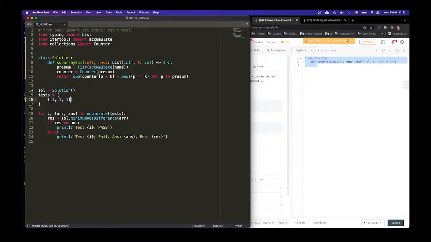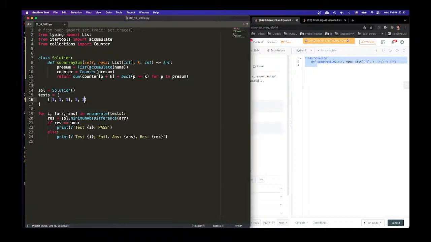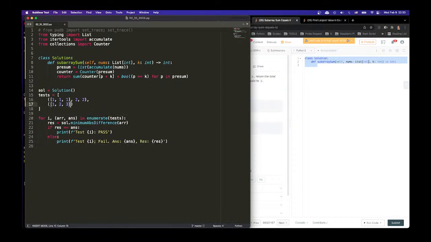So 1, 1, 1, 3, no, 2, 3, no, 2. 1, 2, 3, 3, 2. Nums, k. Subarray. Nums, k. Okay, let's give this a shot.